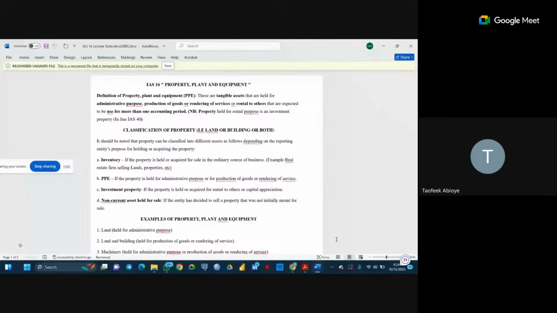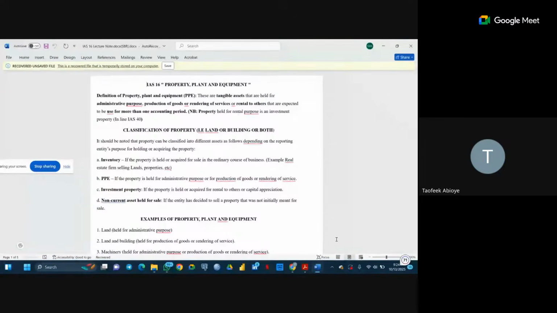property of the entity that they have decided to let go of, whose value will only be recouped from outright sales rather than continued usage in the organization. So these are the likely categorizations or classifications of property. You have property as an inventory.